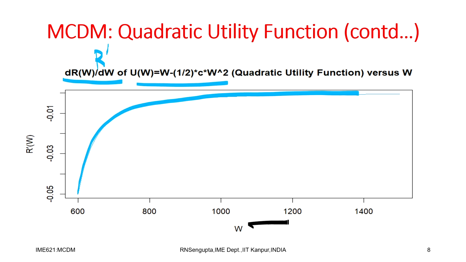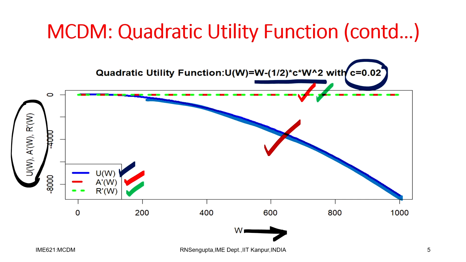Again we plot w along the x axis, r prime along the y axis, and this blue curve which you see here is the green one which almost looks like a straight line. That is why I told you that drawing them on the same graph paper and separately would give you a lot more information.